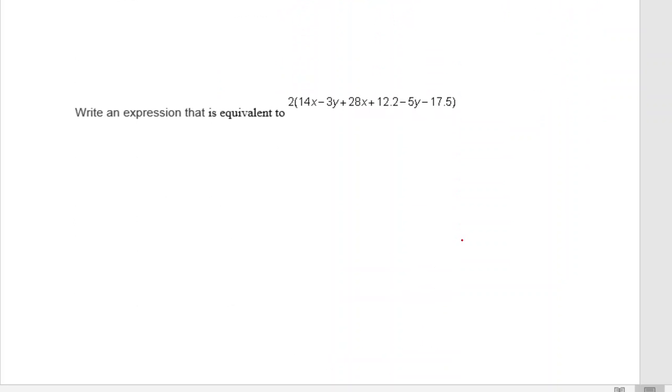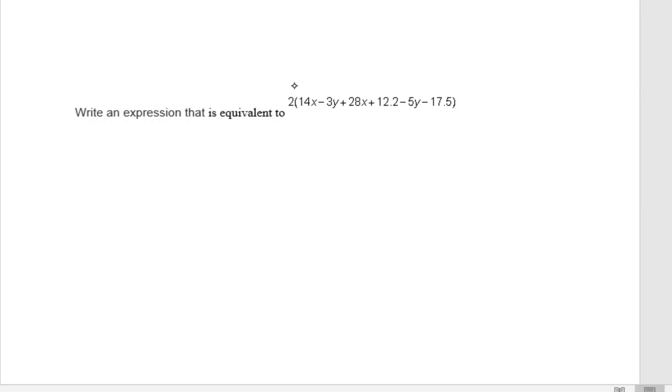Here's another example of using the distributive property. We want to write an expression, and we're going to simplify our expression. But first, you have two options. You can simplify inside the parentheses first by combining like terms, or you could go ahead and distribute first. Either option is fine.